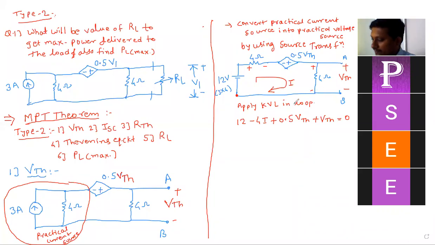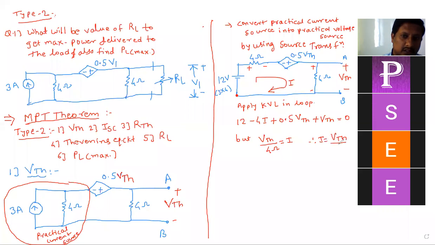But what is I? We have to replace the I value now. See how you will calculate the value of I. The voltage across this is VTH, across 4 ohm. So VTH divided by 4 ohm, if you calculate, will give I, because the current in it is I. So I will be VTH by 4.